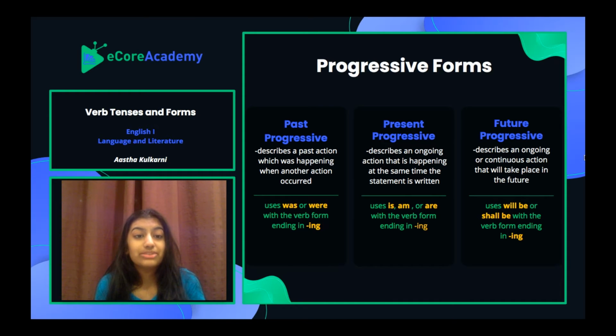But for the progressive and the next two, there are patterns you can pick up on. As you can see, all of these have that ending in -ing. It doesn't matter which progressive form it is, they all end in -ing. So that can be a visual clue. If you see -ing, then you might know that it's a progressive form.